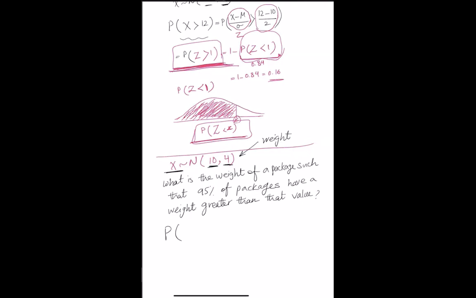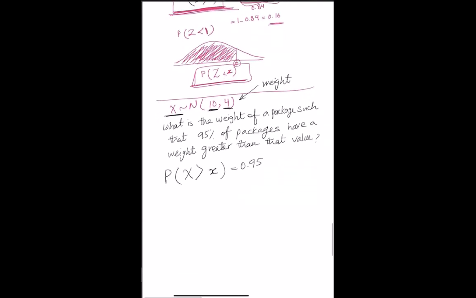So what would be this lowercase x such that if I pick any package at random, it has a weight greater than this number with a probability of 0.95? And I want to find this x. You know everything to be able to calculate this. Can you give me some idea on how you go about this calculation?